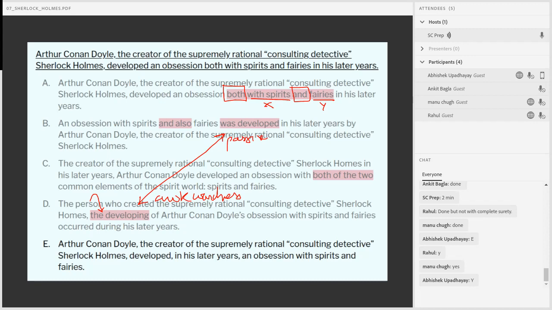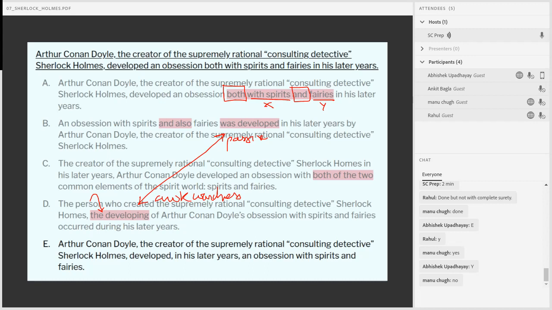So I know we have discussed one level 1 error related to the developing, but separately, without thinking about the person who created Sherlock Holmes, without thinking about that modifier, just ask yourself, if I just say "the developing of Arthur Conan Doyle's obsession occurred," is that a high quality way to phrase that sentence? Or is it something that I would avoid if I had the chance? That's what we mean by awkwardness. Possible, but bad.